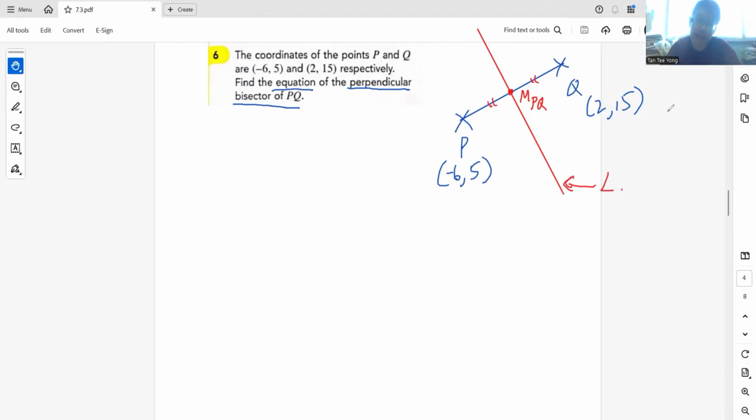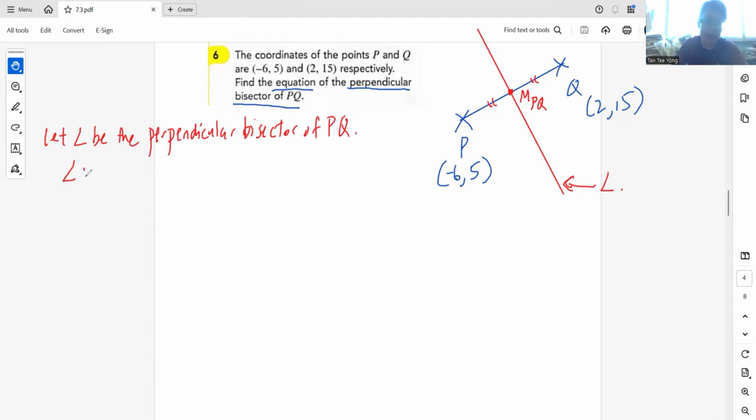I'm just going to name it L. So I will say, let L be the perpendicular bisector of PQ. So that means L is y equals to mx plus c.